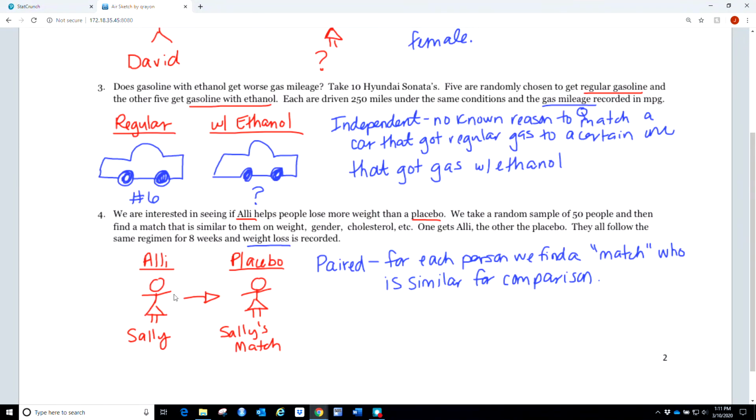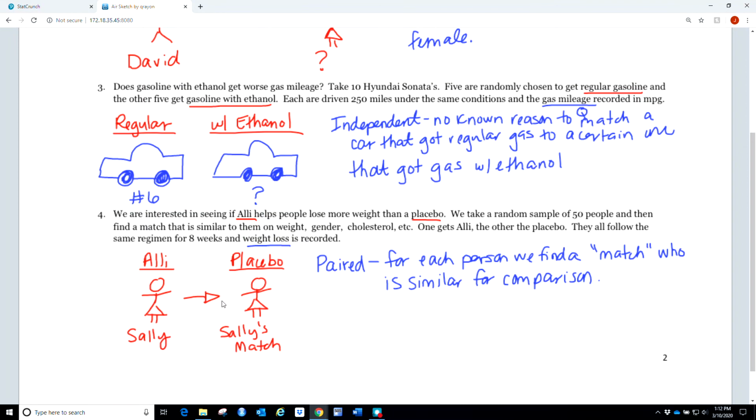So sometimes it's just easier to say, okay, well, these two people are similar. I'll give one the medicine and one the placebo, and we'll see what differences exist between those people. And because they were matched on very similar characteristics that we're worried about being related to weight loss, then we're able to measure the effect of how Alli helps someone lose weight in comparison to doing nothing, which is what a placebo is doing.